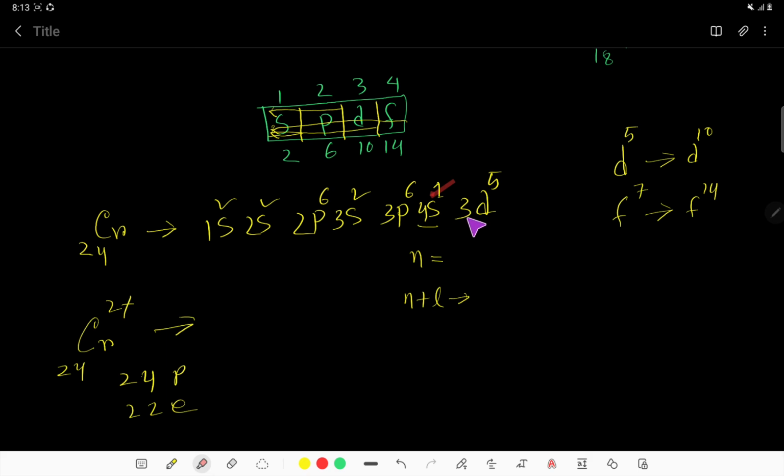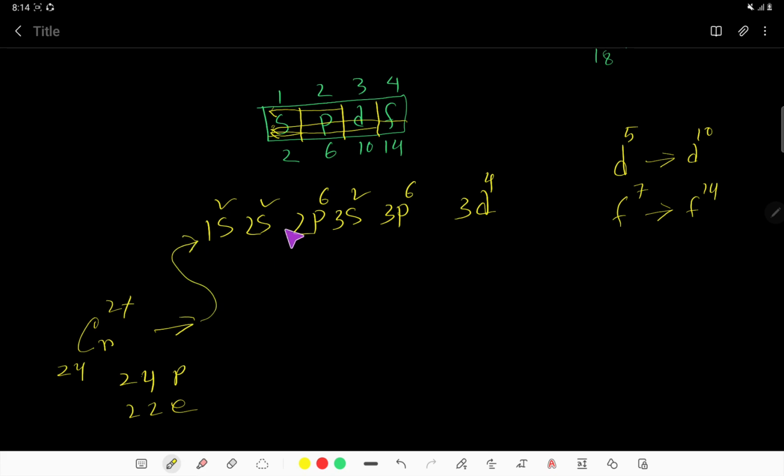But look, here the highest value of n is 3. So now you need to consider the n plus l value, the highest n plus l value. So 3 plus 2 is 5, and 3 plus 1 equals 4. So the second electron will go from here. So it will be 3d4. Now we can say this is the electron configuration of the chromium ion, right?